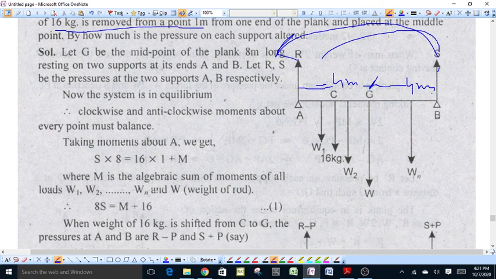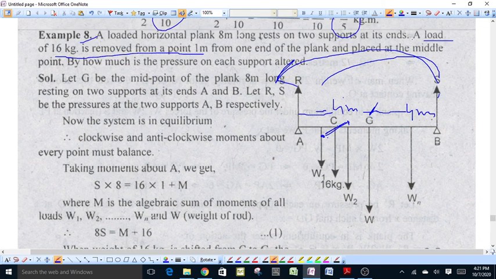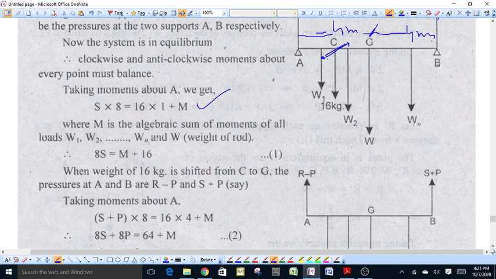which acts at a point C at a distance 1 meter from one end, and the moment of all the other forces, suppose that is equal to capital M. Therefore, S into 8 will be equal to 16 into 1 plus M, where M is the algebraic sum of moments of all the other weights W1, W2, W3, Wn, which are loaded on the plank.